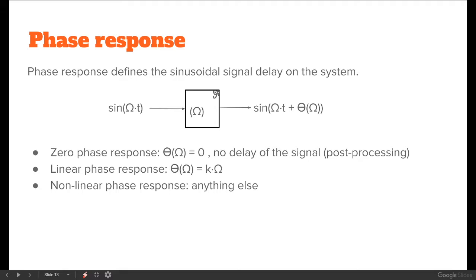If the phase shift is 0, then we don't have any time shift either. A shiftless system can be done in the digital domain; this is the so-called zero phase response. Basically, it requires that you take the signal through the system and then you reverse the time, meaning n equals minus n.